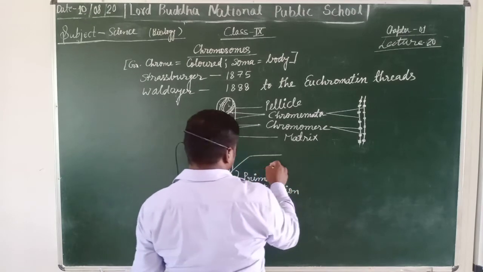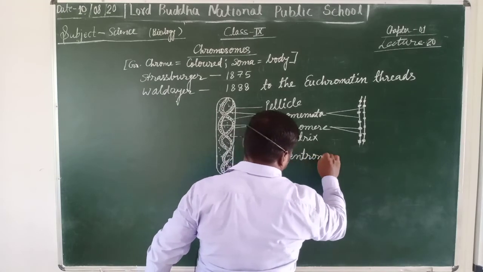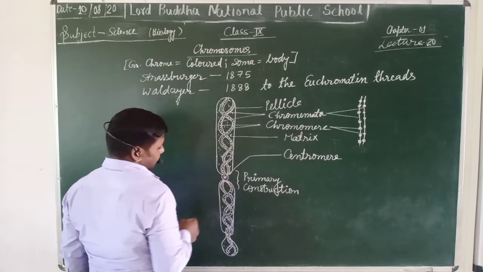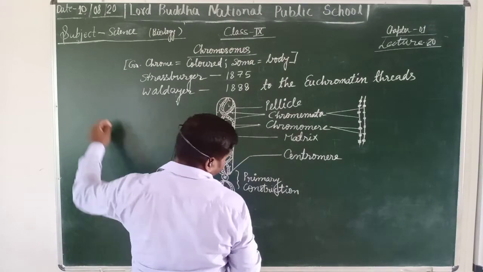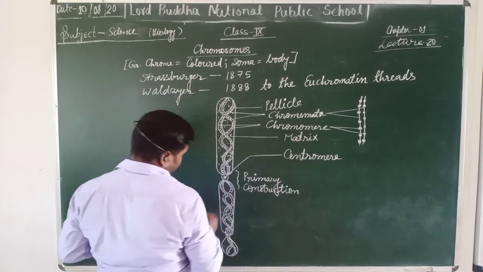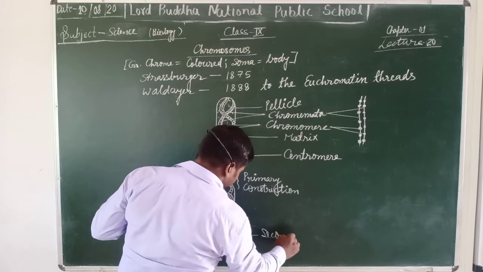It is the central region of the chromosome, that's why it is called the centromere. This is the region of secondary constriction.